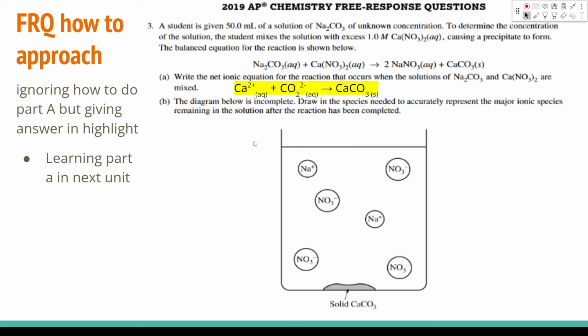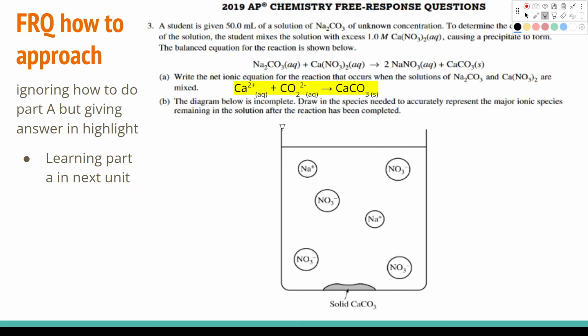For part B, as it says here, the diagram below is incomplete, so we need to draw a species to accurately portray whatever we're trying to portray. And so we look at what's given in A. We have two options. We have our calcium ion, and then we have our carbonate ion. Those are the two things that could be potentially missing in our drawing.